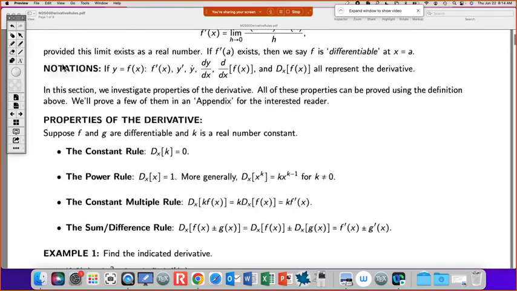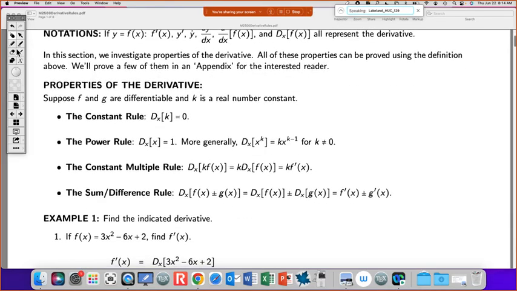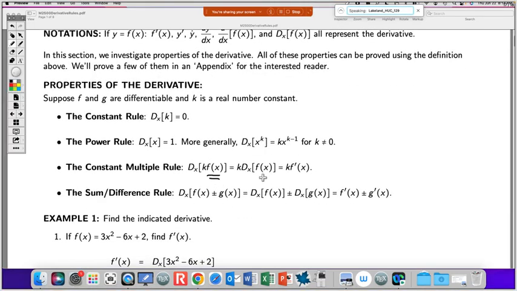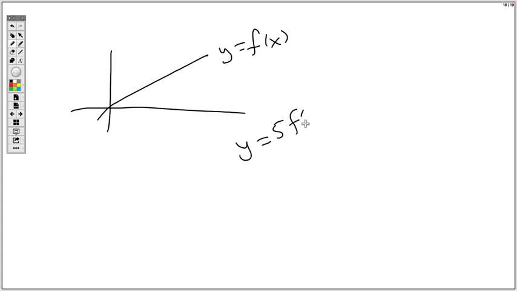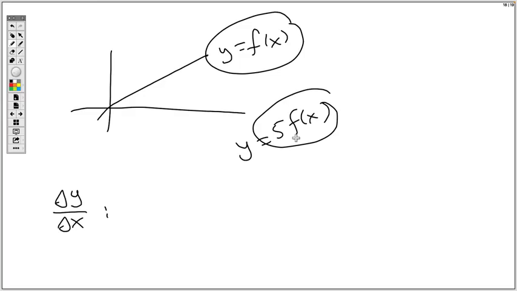Or if you think about it in terms of rate of change, if you know the rate of change of something, and then you multiply that by a factor. So if I think about this graphically, here's y equals f of x, versus y equals 5f of x, and I think about the ratio of delta y over delta x, the y values here go up 5 times as much as the y values here.